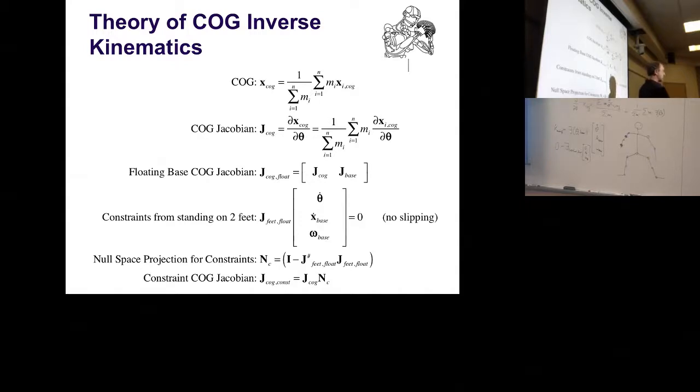Make sense? That's just a constraint equation. Whatever my degrees of freedom are doing, my foot cannot move. So if that is for the left foot, the Jacobian, then it has to be 0. And the same is obviously true for the right foot.